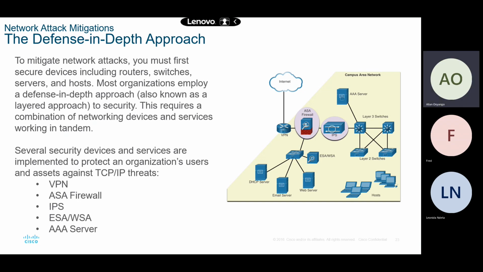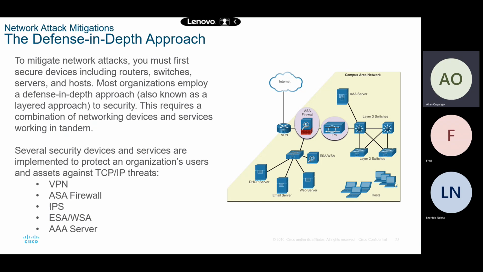So a network can have virtual private networks, VPNs. A network can have a firewall, the ASA, the Adaptive Security Appliance firewall. It can have what's called an IPS, an intrusion prevention system.